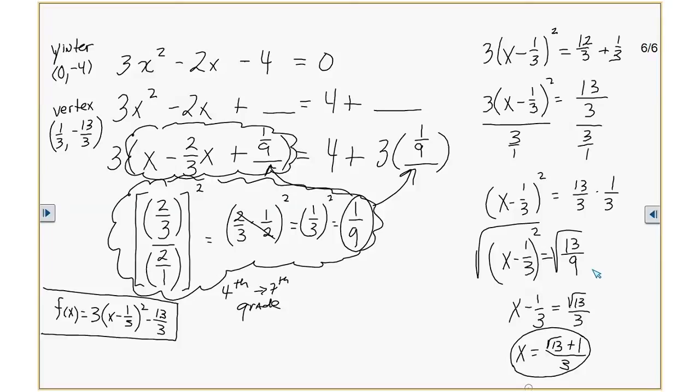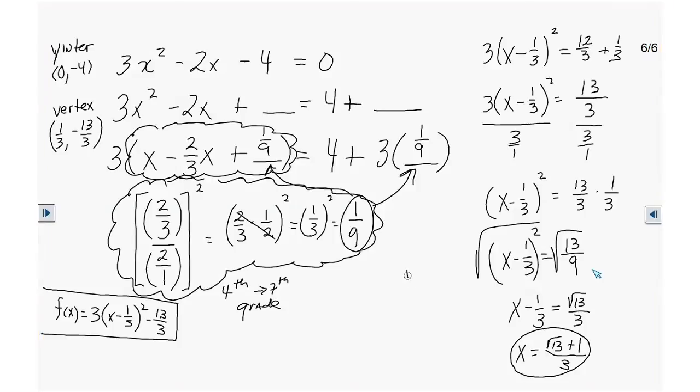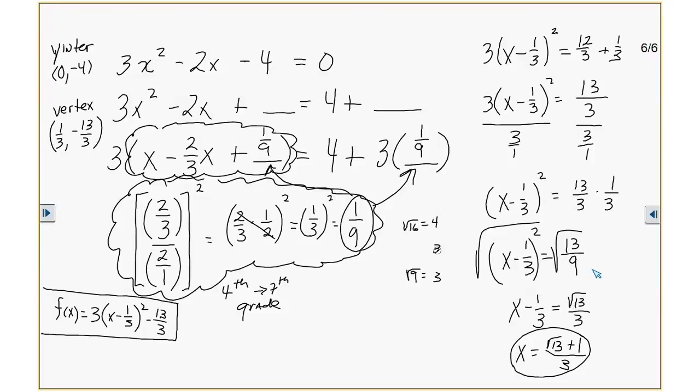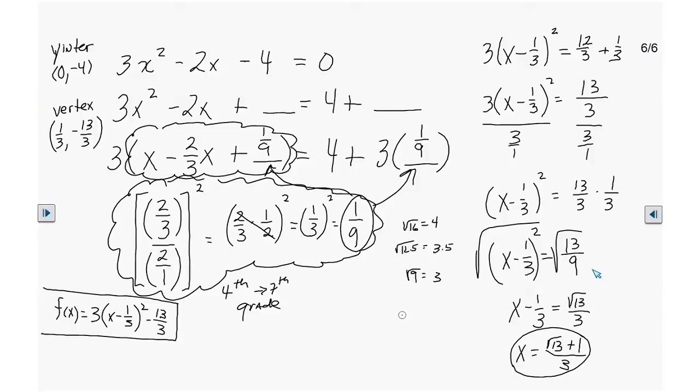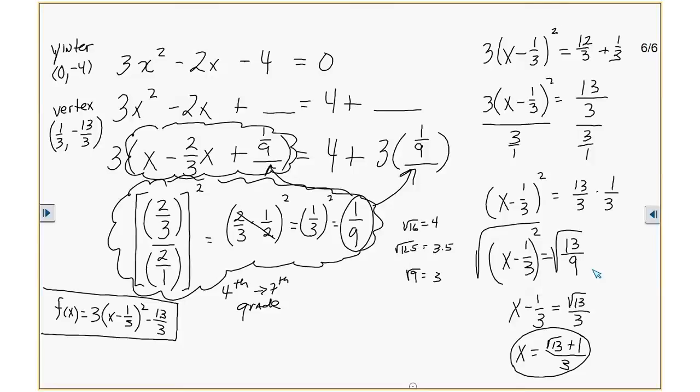The square root of 13 is between the square root of 9 and the square root of 16. 9 to 16 is 7, half of 7 is 3.5, so the square root of 12.5 is 3.5. So what do you think the square root of 13 is? Everybody should say 3.6.